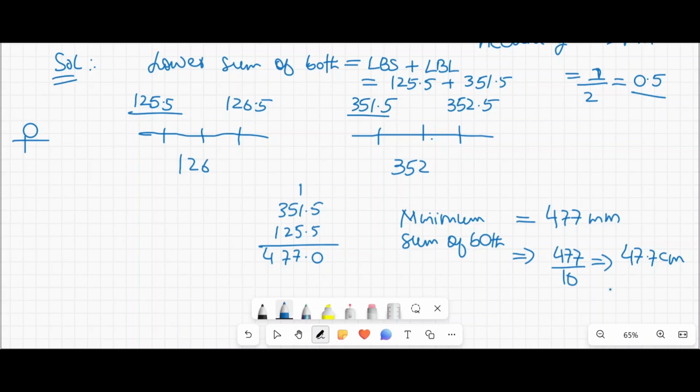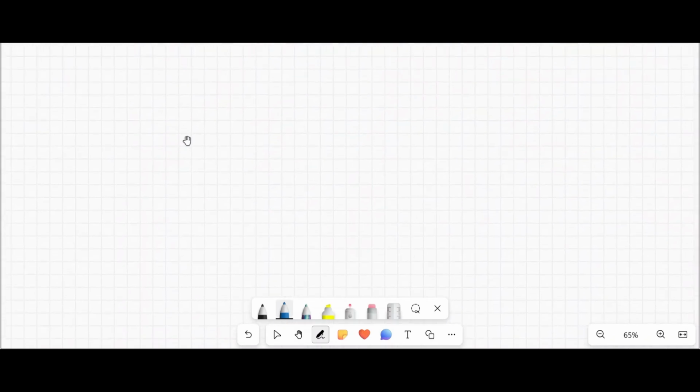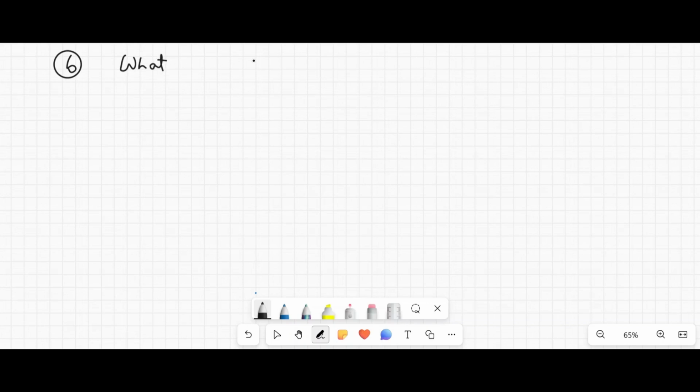So now the next part, part B of the example, what it says is, what is the lower bound of the difference in the lengths.